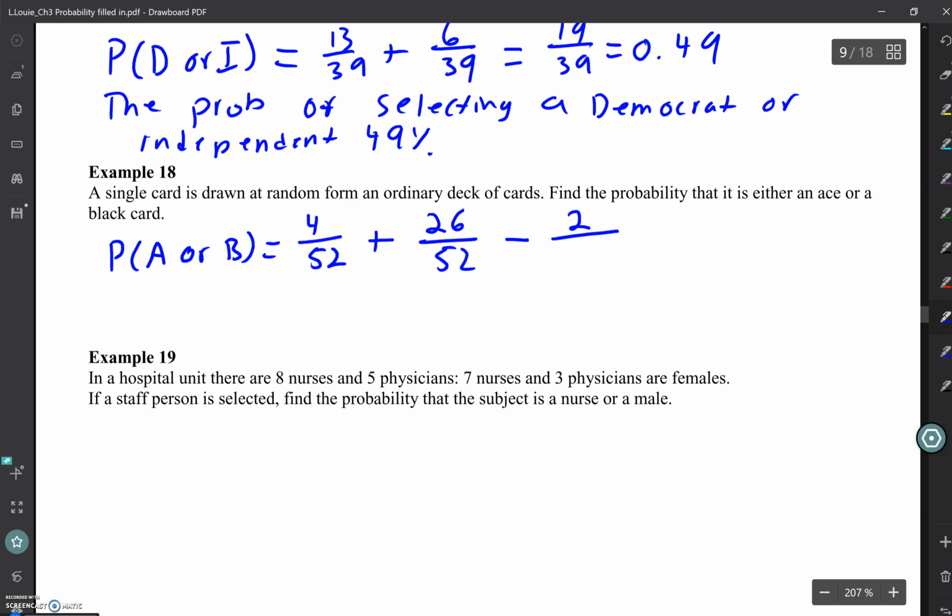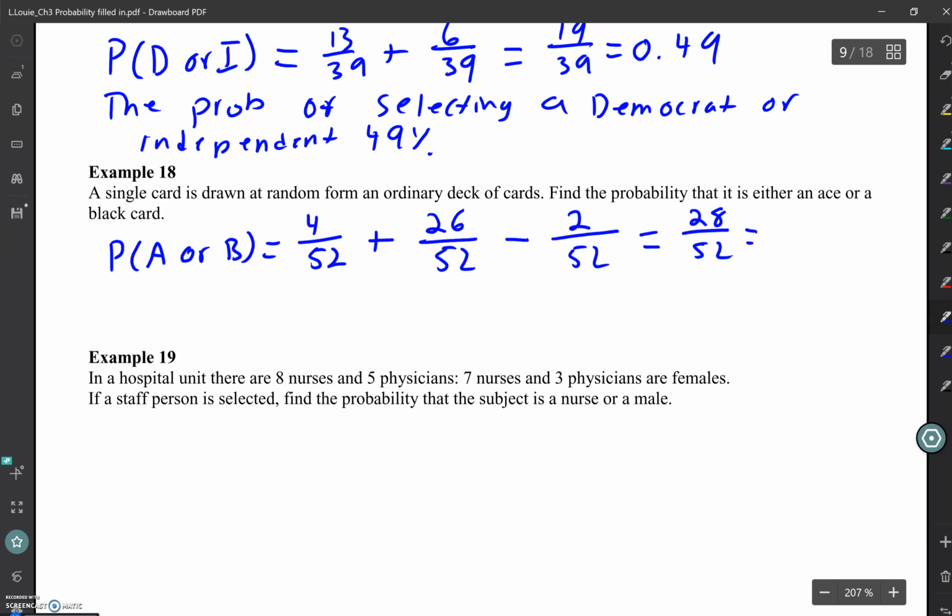So we need to subtract the 2 out of 52. And that's going to leave me with 28 out of 52. And let's turn that into a probability. So 0.53, I should round to 54? It would round up to 54.